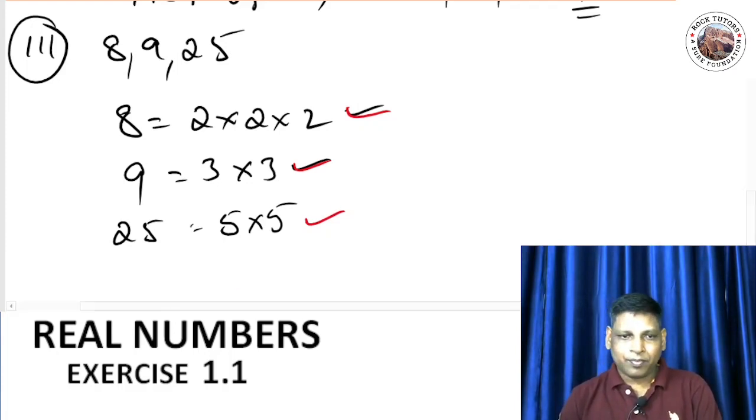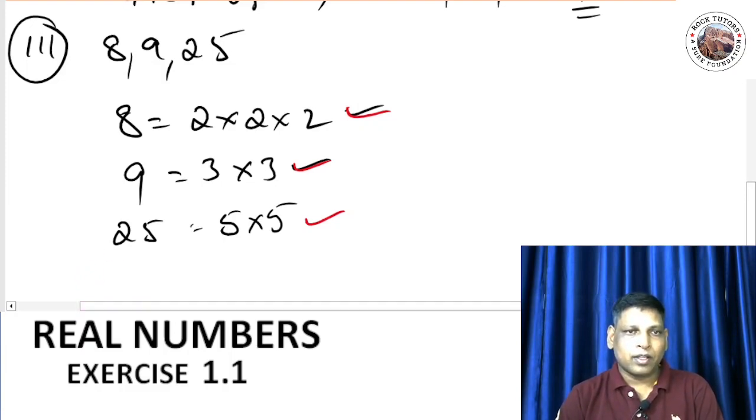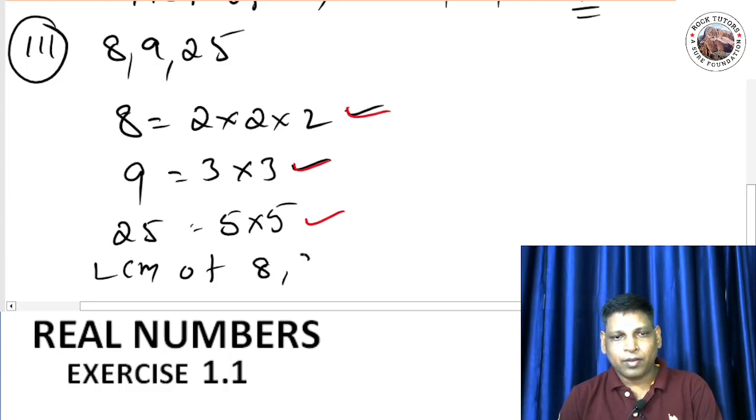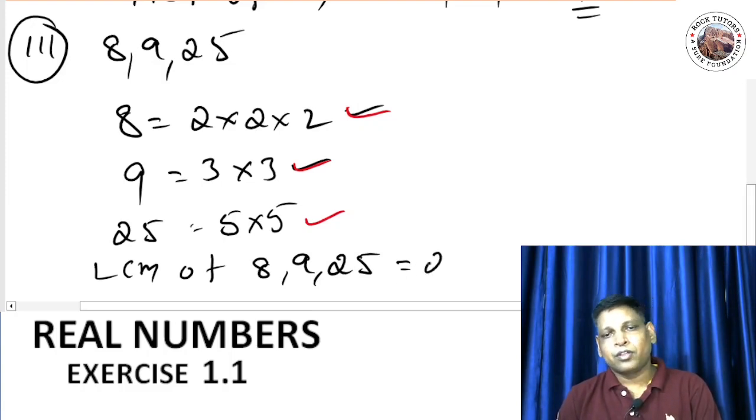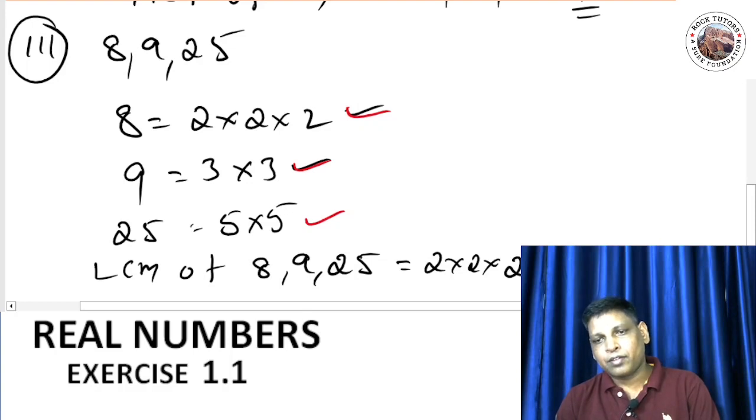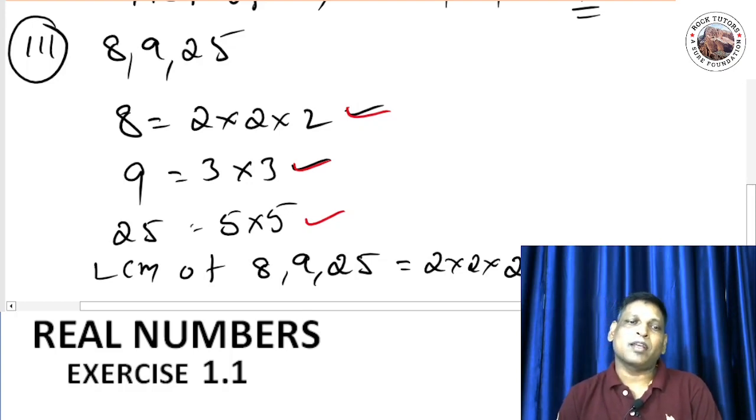So LCM of 8, 9, 25 is equal to 2 into 2 into 2 into 3 into 3 into 5 into 5. It means you are multiplying all three numbers.